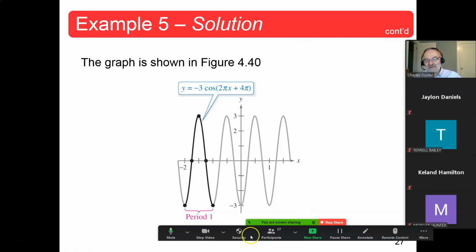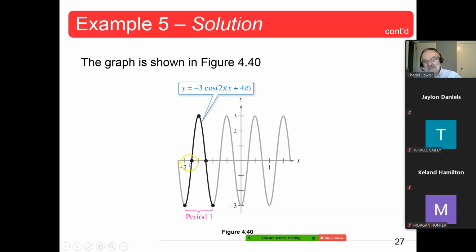Notice I said you start down here and then go to your, for your one interval, which is 1/4 of a period, you go to a 0, a max, a 0, a min, a 0, a max, a 0, a min, and so on, a 0 here, and then a max here, and then back to a 0 here.